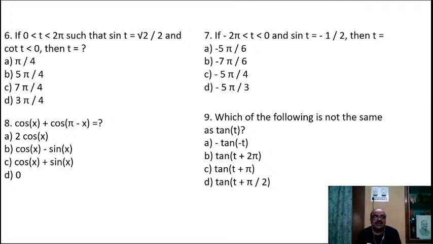If t lies between 0 and 2 pi such that sin t equals root 2 by 2 and cot t is less than 0, then what is the value of t? Please go ahead.